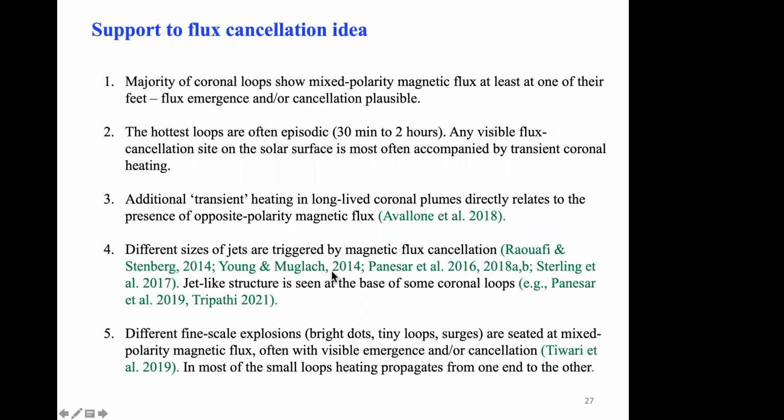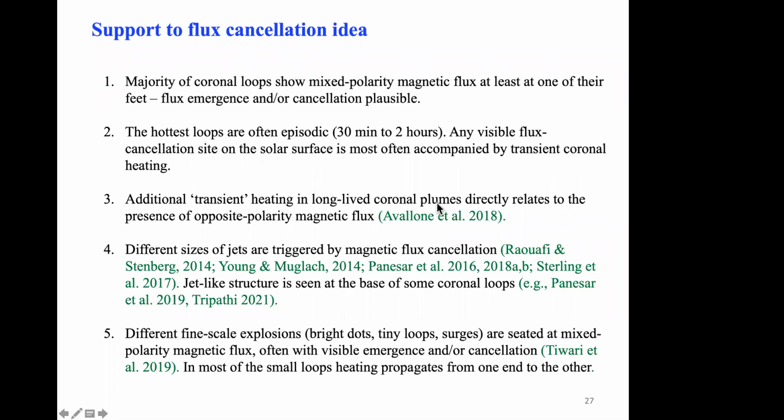Before I go to my conclusion slide, I have listed some points that support the cancellation idea and some points that challenge it. The majority of coronal loops show mixed polarity magnetic flux, at least at one of their feet. This supports the cancellation idea. The hottest loops are often episodic. Anywhere you have visible flux cancellation on the surface, it is often accompanied by transient coronal heating.